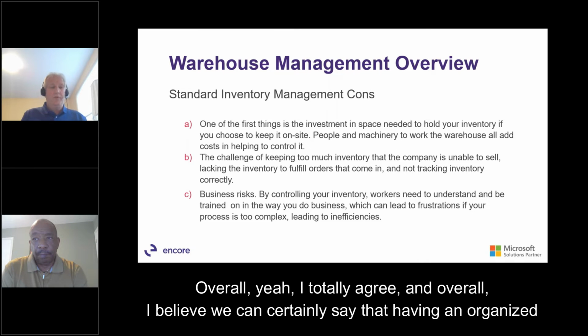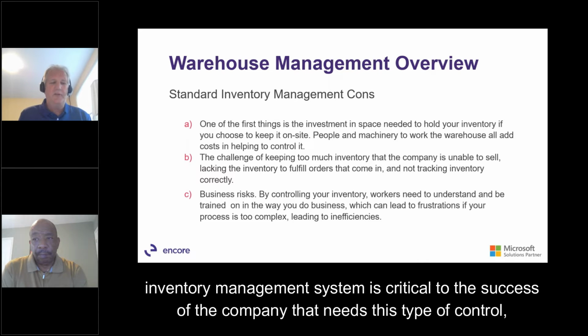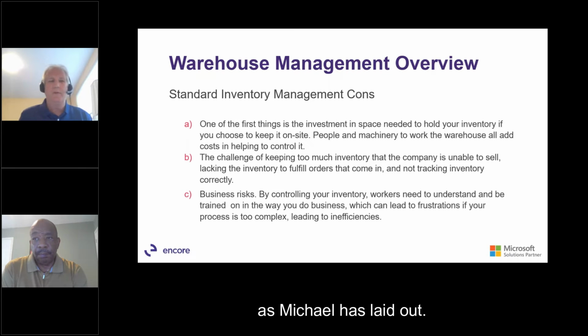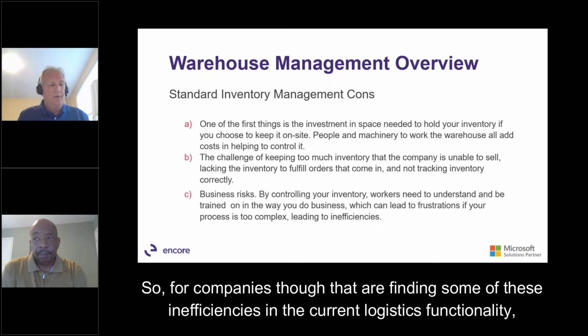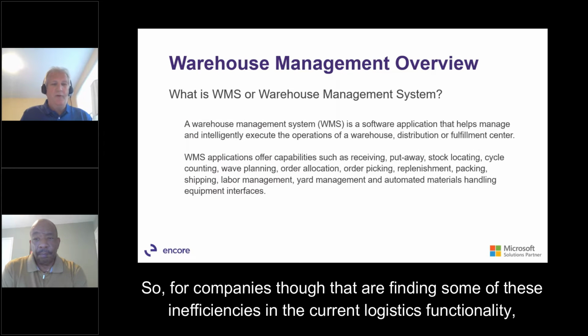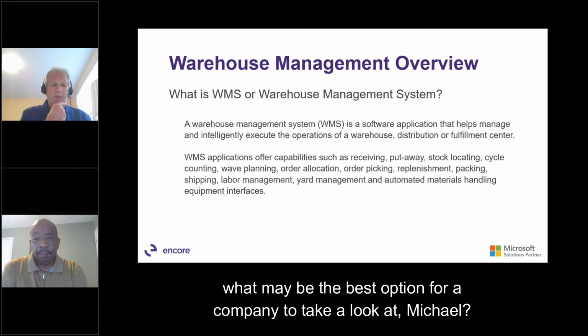And overall, I believe we can certainly say that having an organized inventory management system is critical to the success of the company that needs this type of control, as Michael has laid out. So for companies, though, that are finding some of these inefficiencies in their current logistics functionality, what may be the best option for a company to take a look at, Michael?